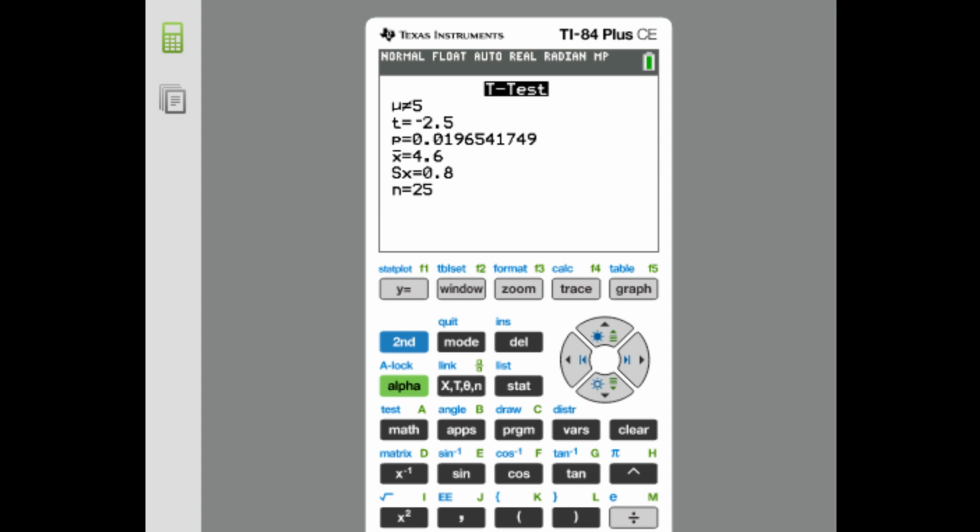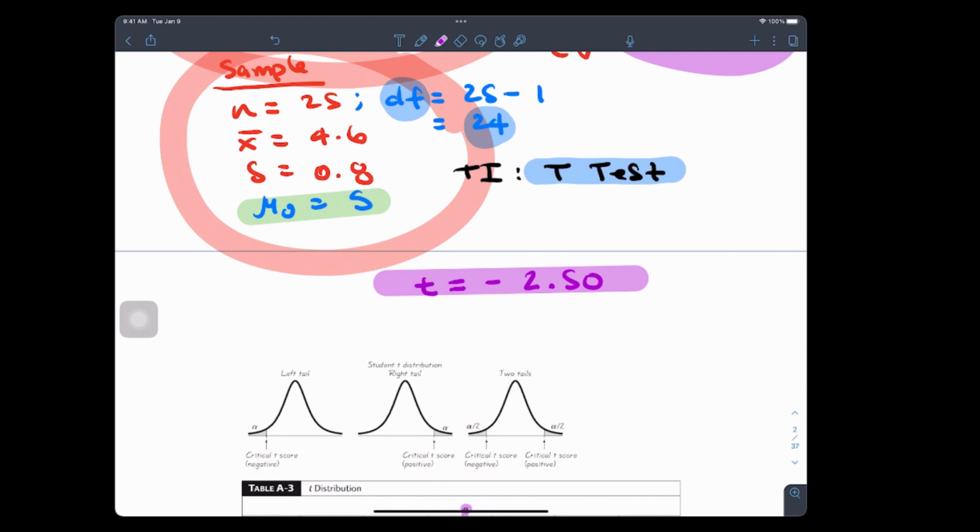What's that called if this is the traditional method? That's your test statistic. What is it? Negative 2.5.